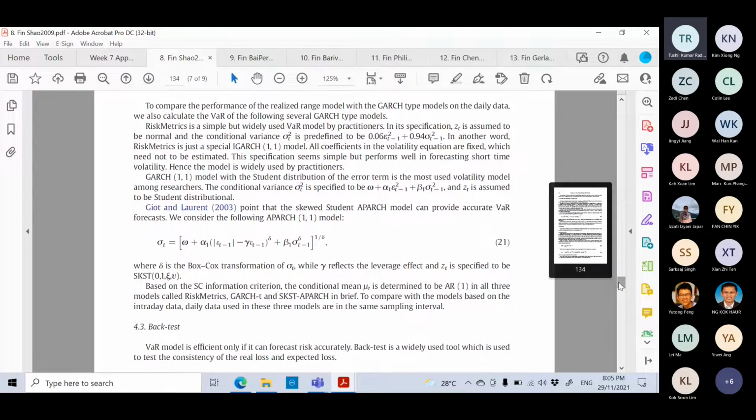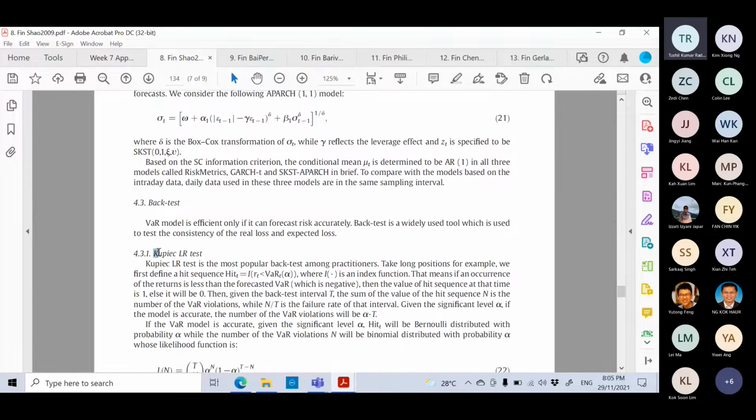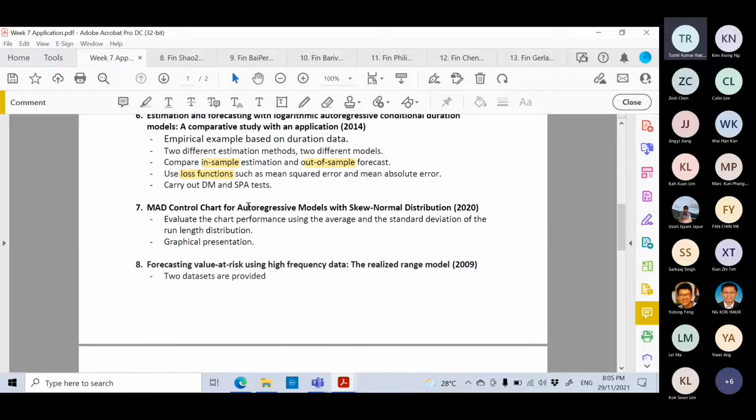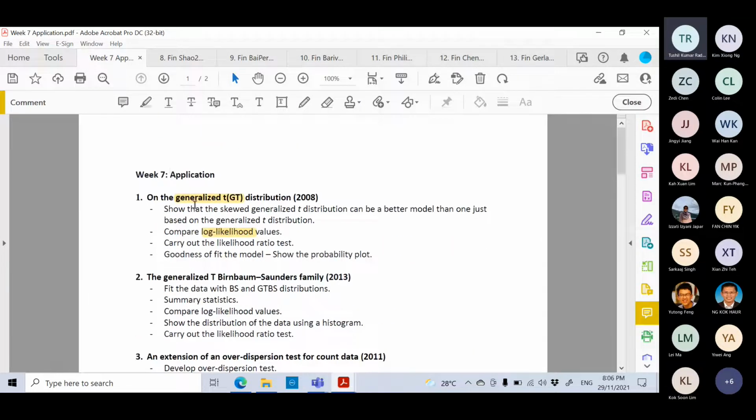The first one is the Kupiec LR test, the likelihood ratio test. If you still remember the likelihood ratio you learned before, when testing the distribution you also used the likelihood ratio.